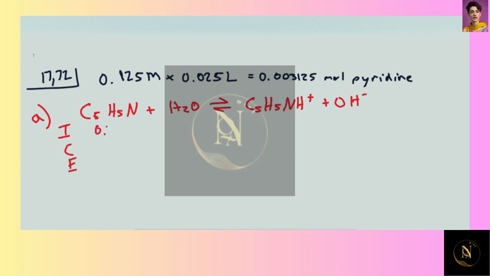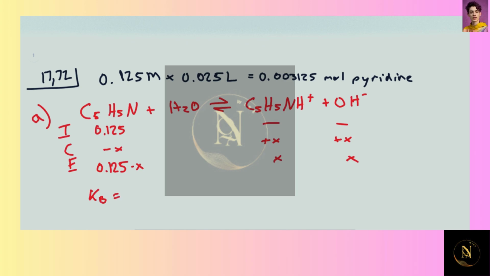We have 0.125 for the initial concentration of pyridine, none for our products. So minus X, plus X, and plus X. So 0.125 minus X, X, and X are our equilibrium concentrations.